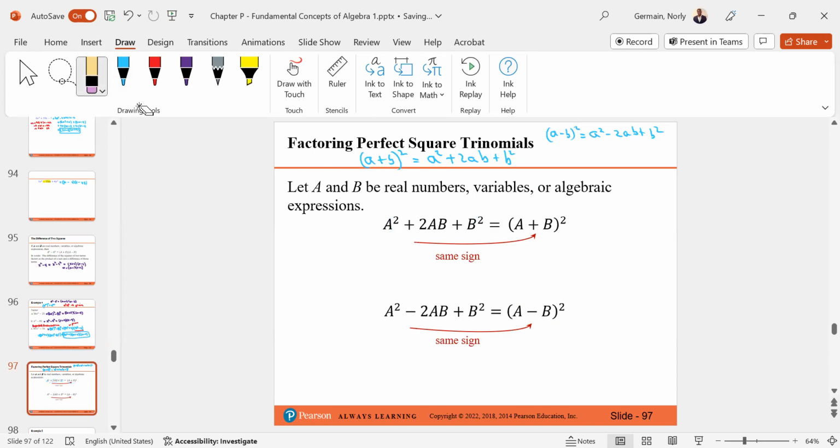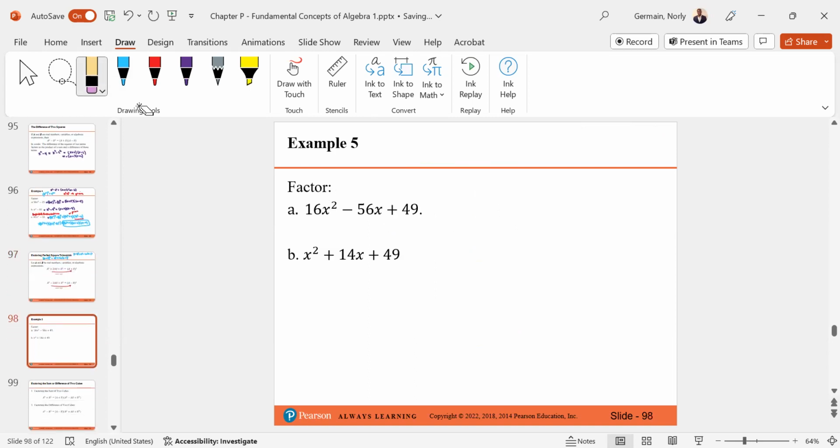And when it's negative, the only thing that makes it different is the sign in the middle. Now, first of all, when I look at this term, I want to make sure I can rewrite the first one as a square. So what do I raise to power 2 to obtain this? Yes, that's 4x. What do I raise to power 2 to obtain this? Yes, 7. Now let's try.